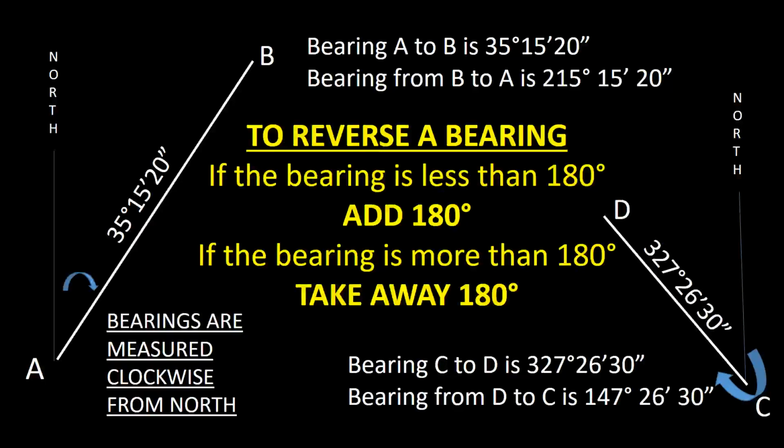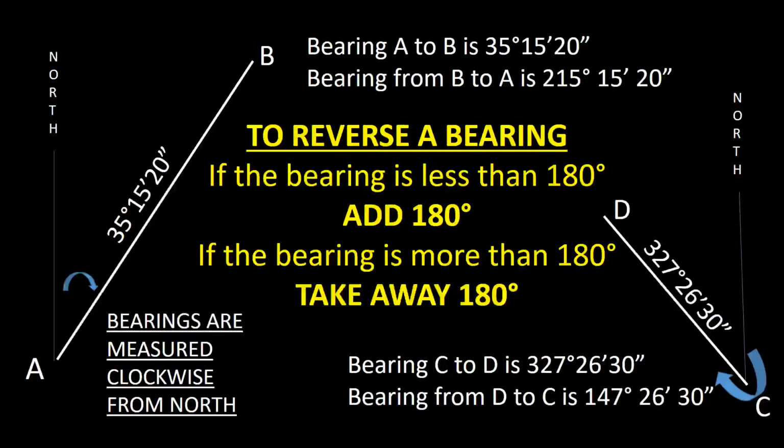I guess you could call that the reverse bearing. So to reverse a bearing, if the bearing is anywhere between 0 and 180, we add 180 degrees onto it. So 35 degrees 1520 plus 180, 215, 1520.